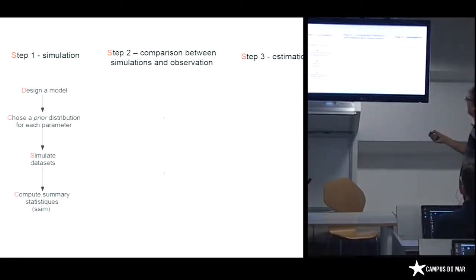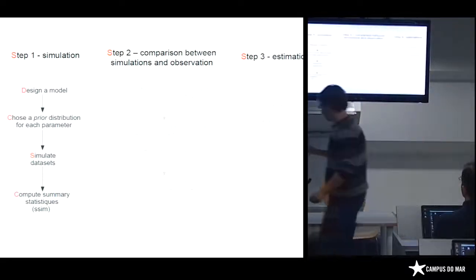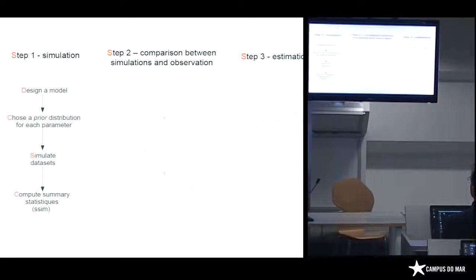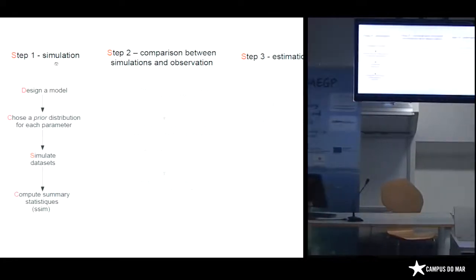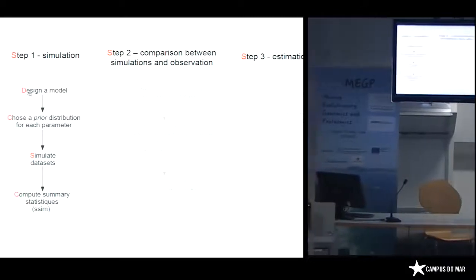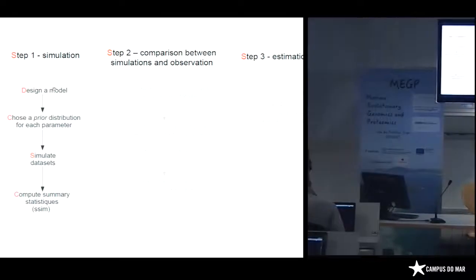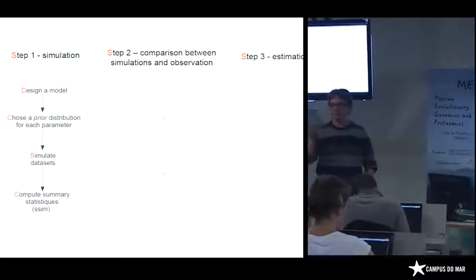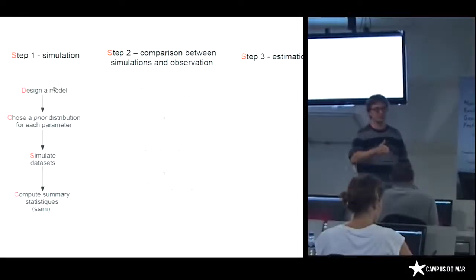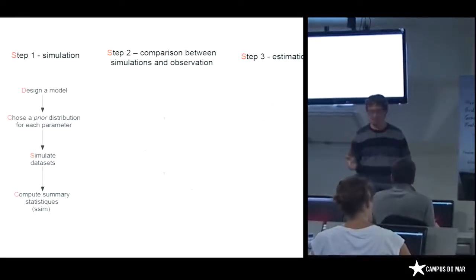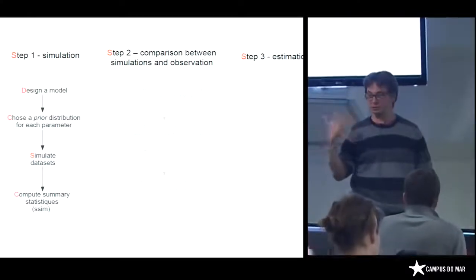Okay, so step 1, simulation. You have to design a model. So today the models are the 4 models I showed you yesterday: isolation without gene flow, isolation with gene flow, secondary contact, or ancient migration.